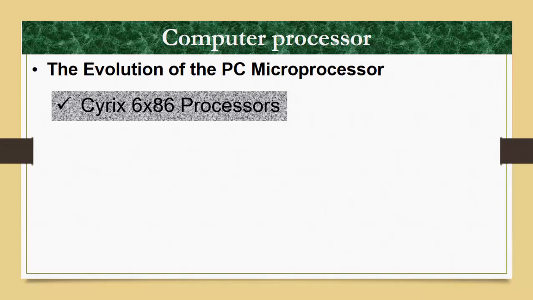The P value in the model name was a performance rating indicator. The 6X86P200 indicated that the Cyrix processor with that model number had a performance equivalent to a Pentium 200 MHz processor.